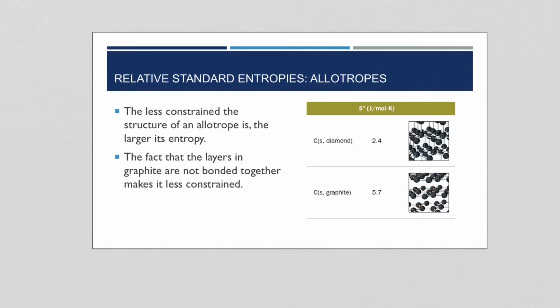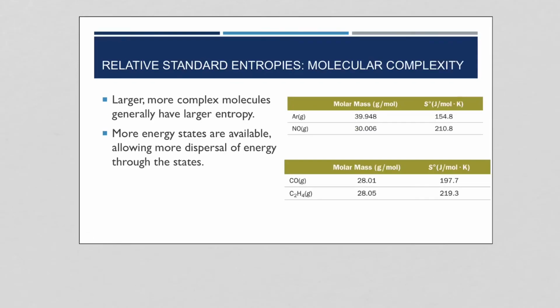They're connected just by intermolecular forces, so these sheets slide past one another, which is how a pencil works. The graphite slides off the edge. So that allows for more disorder, a higher entropy value. So the form of the material, or the allotrope, can play a role.